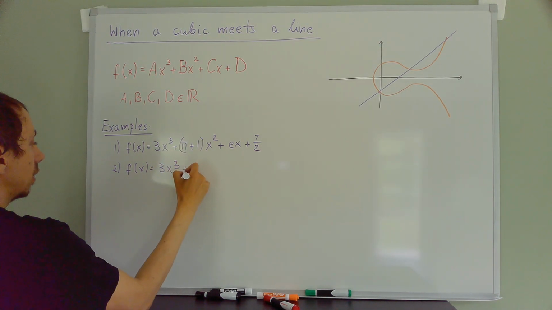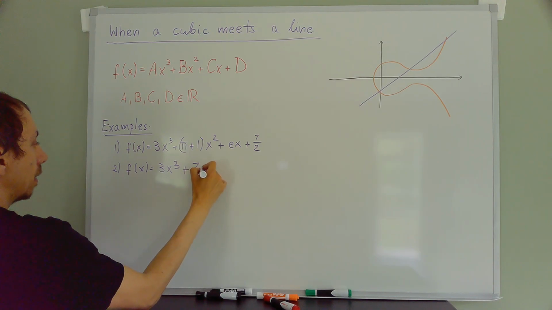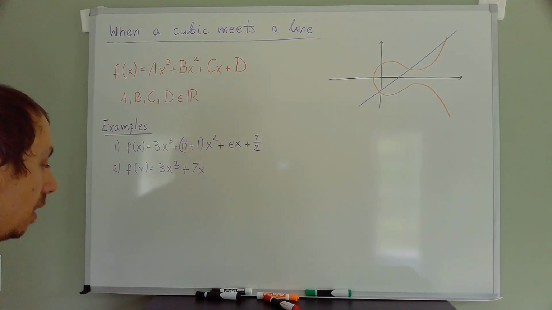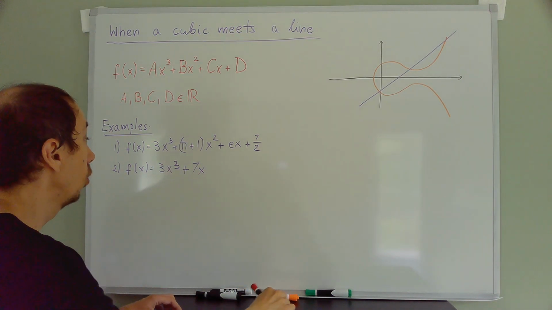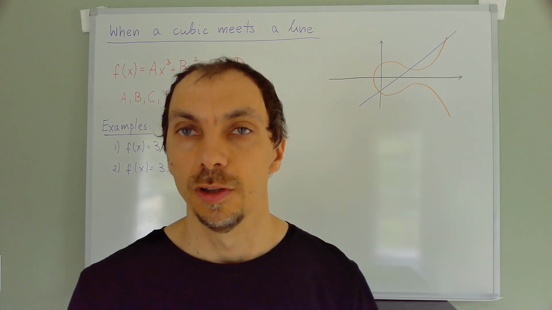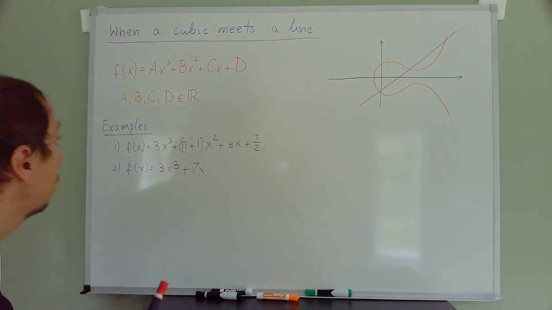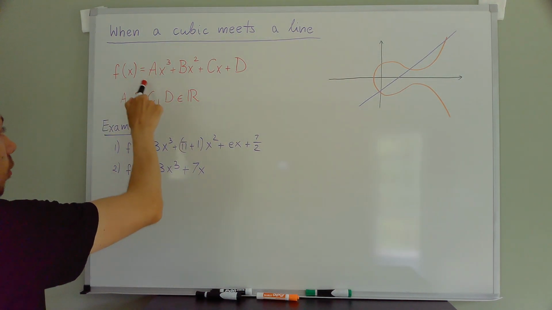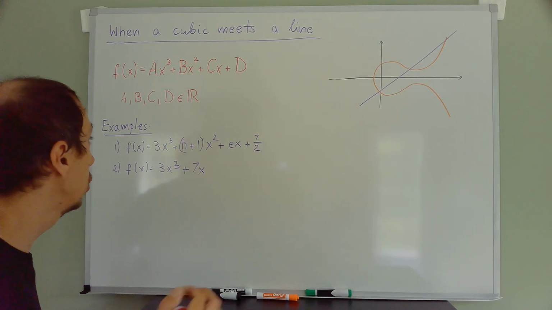So x cubed plus 7x is a cubic polynomial. I would not call this cubic if the coefficient in front of x cubed were 0. The name comes from the fact that the coefficient at the cubic power is non-zero.